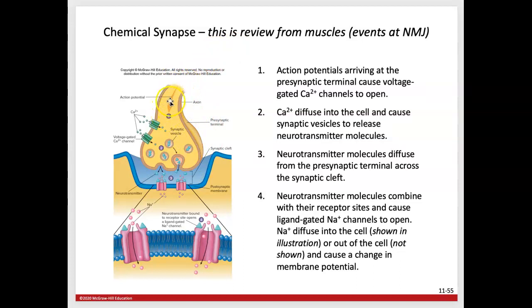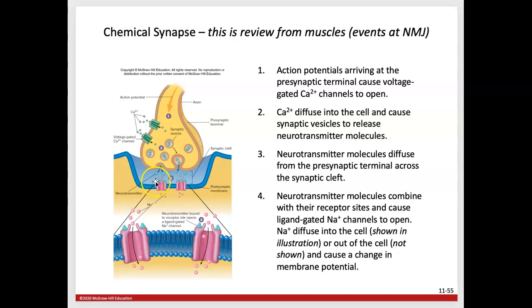That action potential changes the membrane potential enough to cause these voltage-gated calcium channels to open, because a voltage-gated channel is triggered by a change in voltage, which would be an action potential. When those calcium channels open, calcium rushes in, and that entrance of calcium into the end bulb will force these vesicles to release their neurotransmitter into the cleft, which here is acetylcholine.